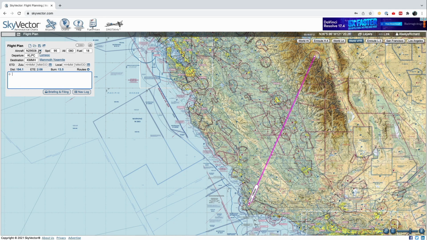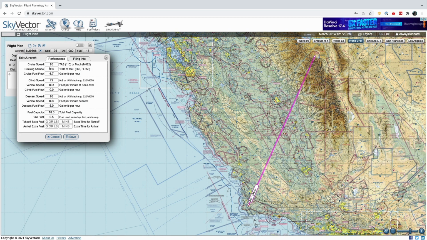And so I entered Trevor's plane, and I found it was N, I think that's the N number, and 95, 6.7, and 18 gallons. I gave it a taxi fuel of 0.5.